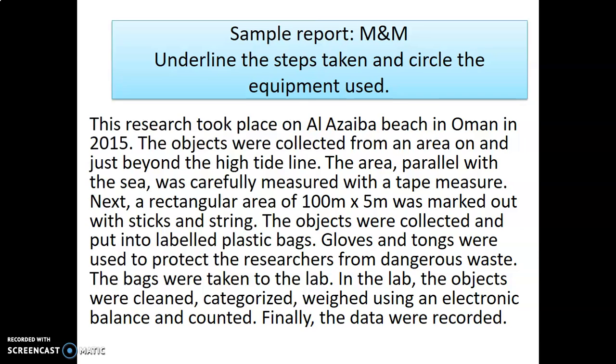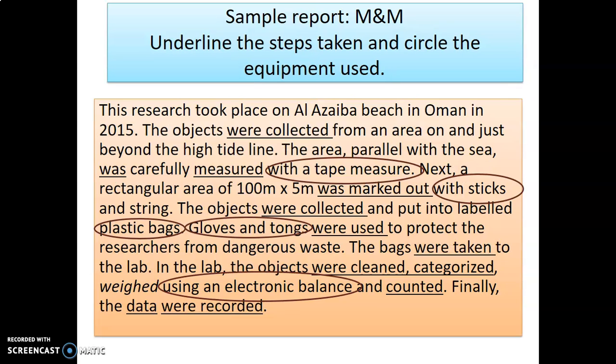You can pause the video, take your time and do that. All right, let's see what we have. So I have already underlined the steps, and I have circled the equipment, right? You can take a look and compare to what you have.